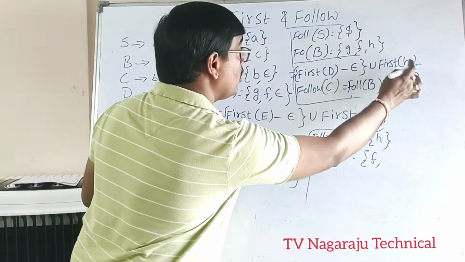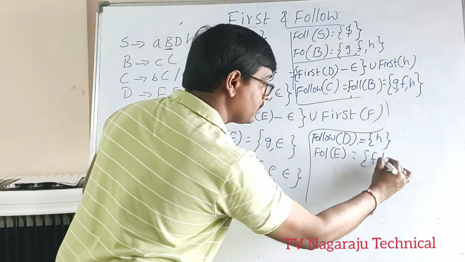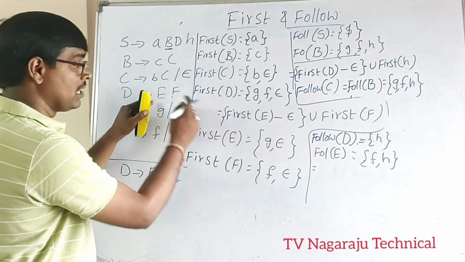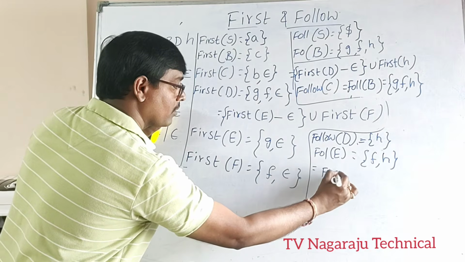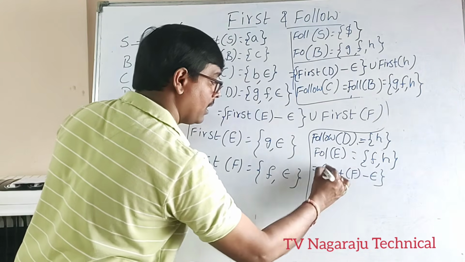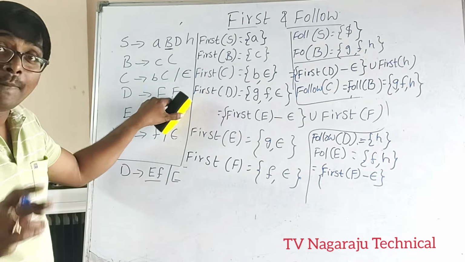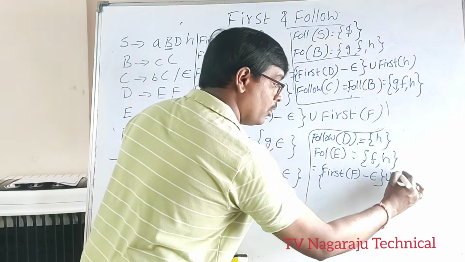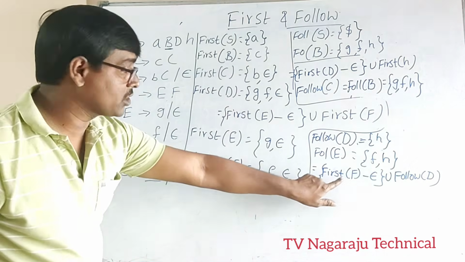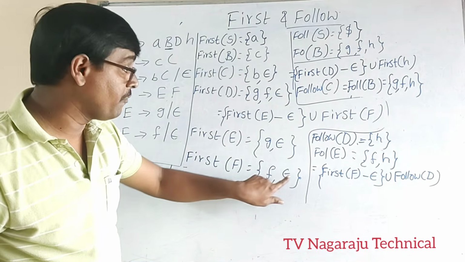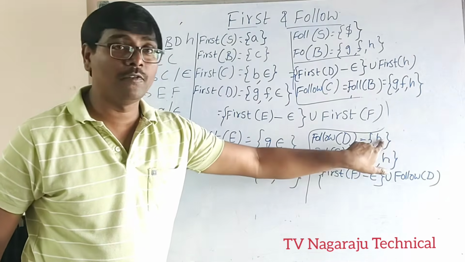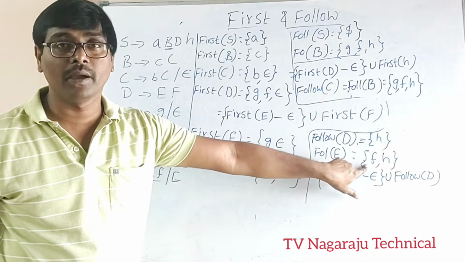Follow of D is equal to H. This is the answer. Or else you can write first of F minus epsilon union follow of D. First of F is f comma epsilon, minus epsilon gives f, union follow of D means H. We are getting the answer f comma H.